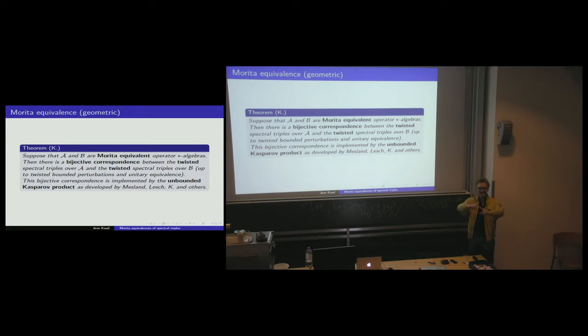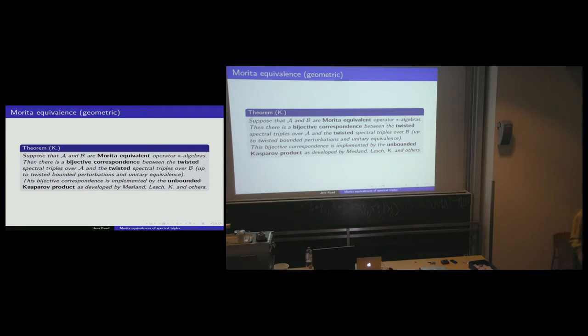So you have these differentiable correspondences, X and Y, that implement your Morita equivalence between A and B. You can take an unbounded Kasparov product with X and an unbounded Kasparov product with Y. This gives you the bijective correspondence between spectral triples over A and spectral triples over B. Many people have been working on this unbounded Kasparov product and are still working on it. I'm just naming a few here: Mesland, who is here, and then Lesch, and I also have to mention this mysterious person K.